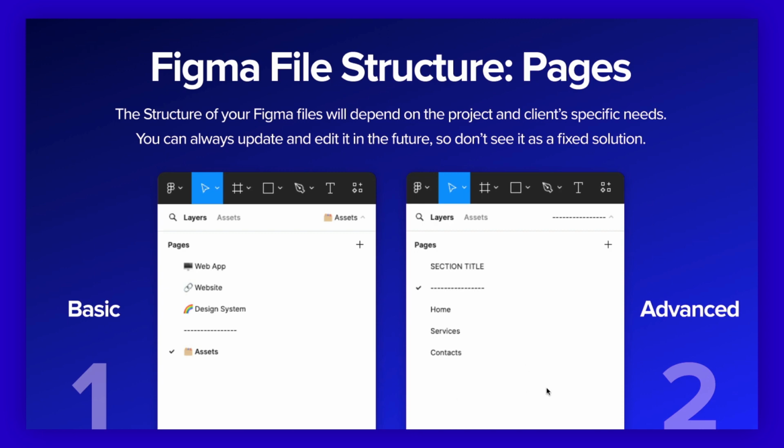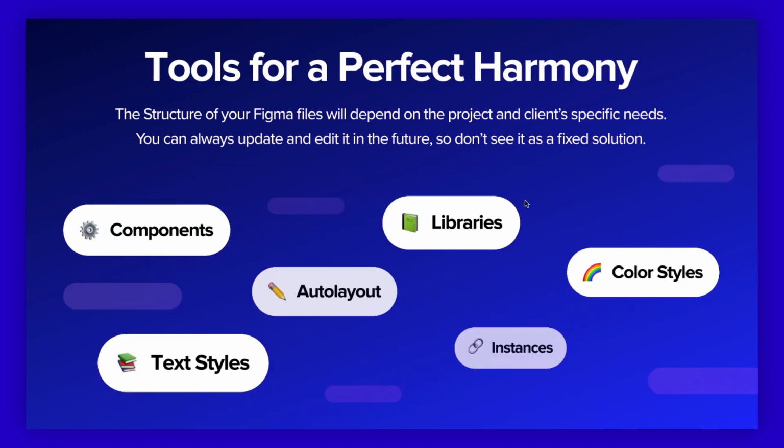So this is going to be inside of a website file. So only website related items are going to be here. So again, as you can see, there's not one single way of doing things. There are multiple, and it's going to depend on your specific judgment.